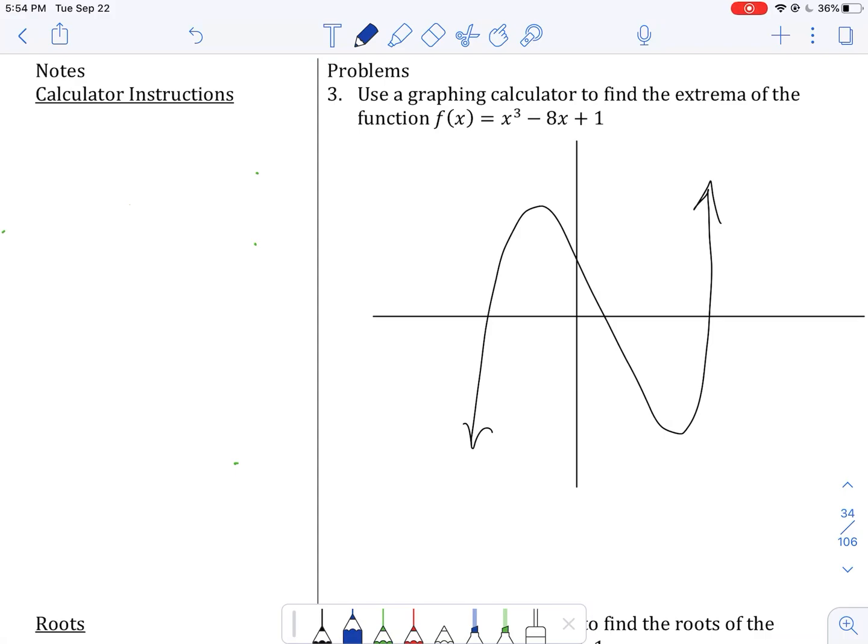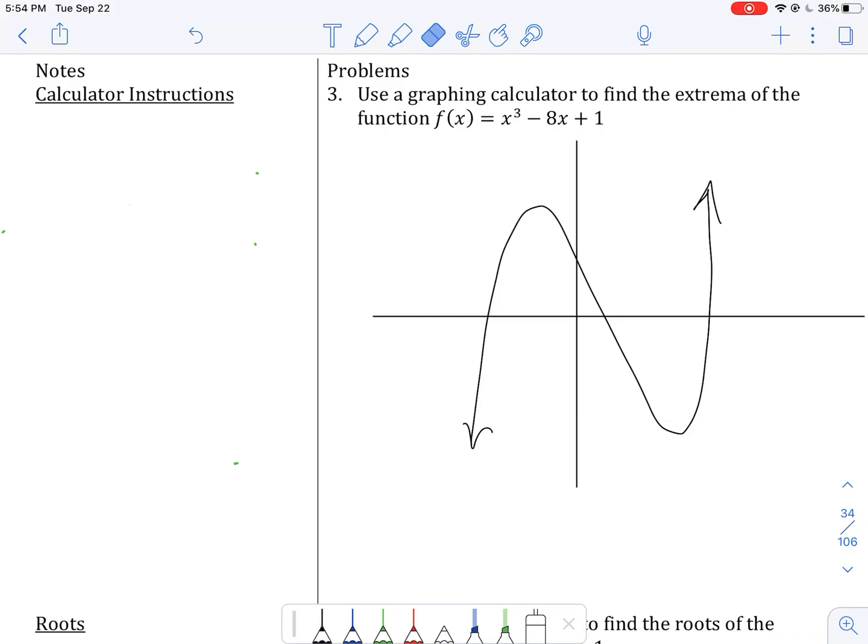So the first thing you want to do is, okay, we want to find the extrema of this function here. So it's not quadratic, so we can't use the vertex formula because this has a degree of 3. And if you graph it, it looks like this.